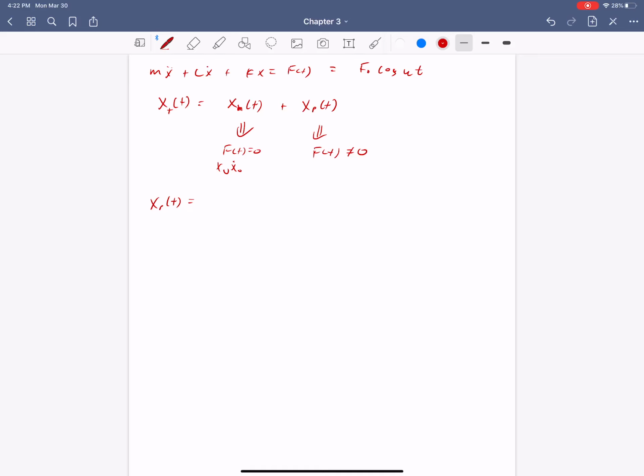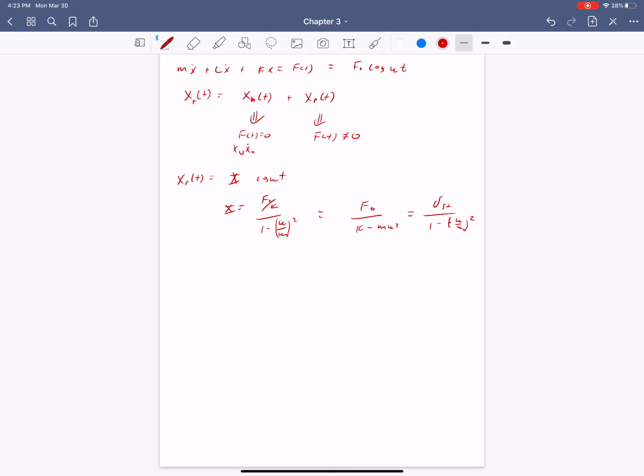Okay, so we have x of t is equal to X cosine omega t, where X is equal to f naught over k over 1 minus omega over omega n squared, which is equal to f naught over k minus m omega squared, which is equal to the static displacement over 1 minus omega over omega n squared, okay?